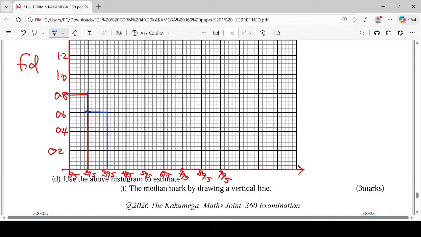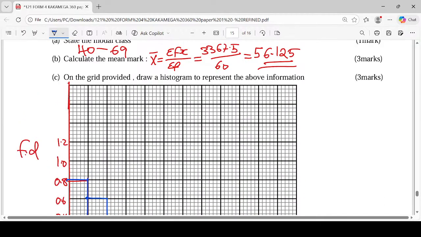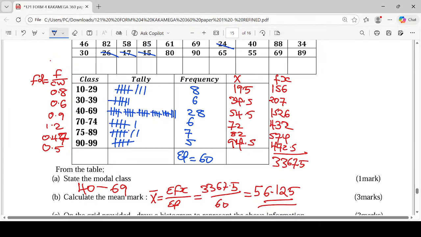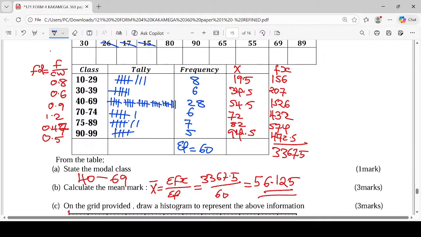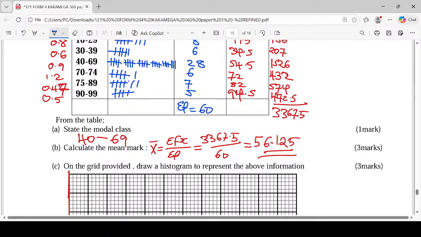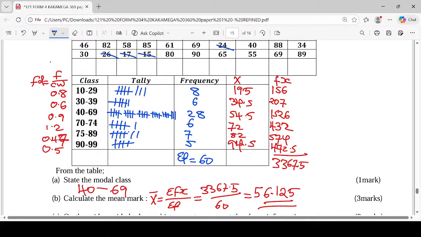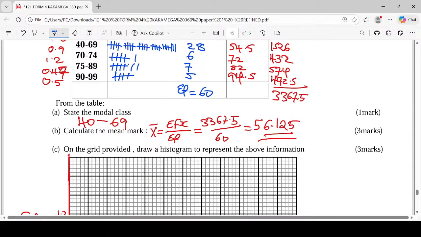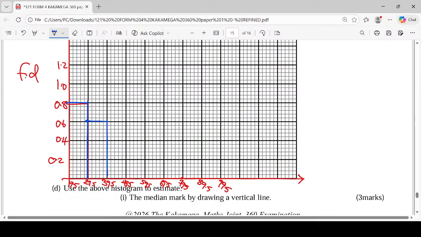Then we are going to move from 40 to 69.5. The frequency density there should be 0.9.